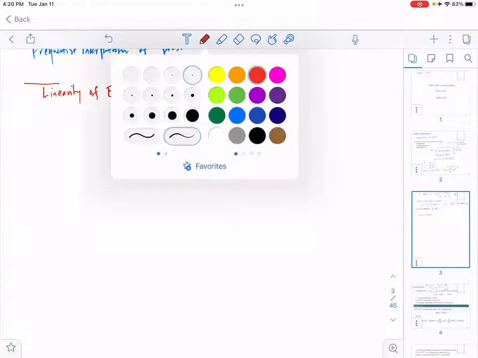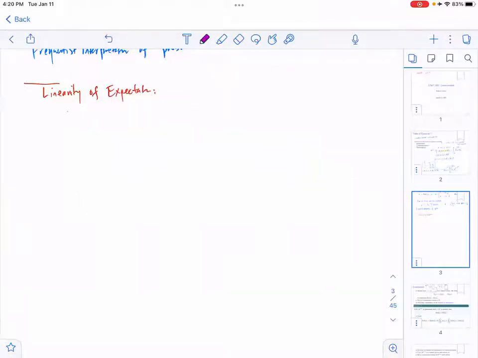What it tells you is that if I have random variable X and random variable Y, and I form a linear combination with constant coefficients, so alpha and beta are constant, non-random, and I ask what is the expectation of this random variable, what you can do is figure out what values it takes with what probabilities each, and use the definition.